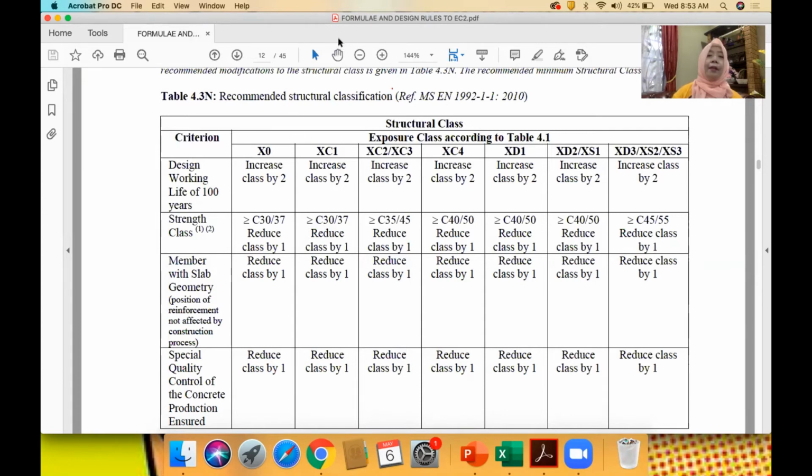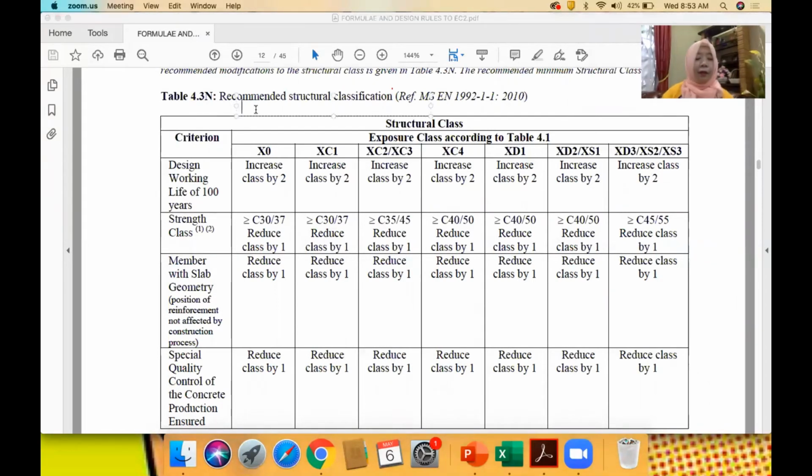So you need to calculate what S is. It depends on the design working life. Our design working life is 50, so therefore we omit here. We got 4 just now.